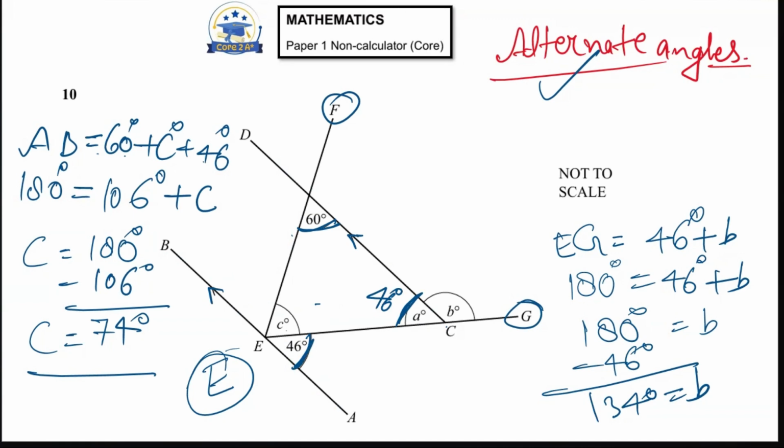That's why A is also 46. And what about B? One straight line makes 180 degrees, so we have to subtract 46 degrees from 180. That's how we can find the angle B. I hope there will be no confusion now.